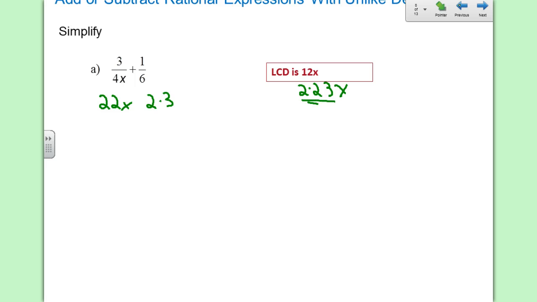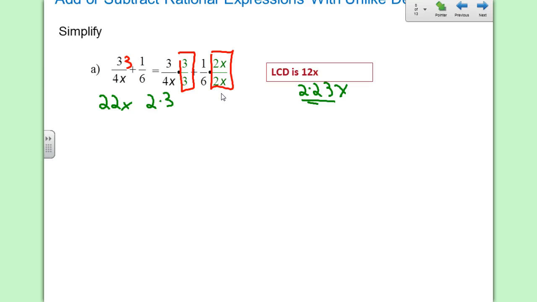Now what you need to do is make each of those into a fraction with 12x on the bottom. So what do I need to multiply top and bottom by for the first one? 3. The second one needs to be multiplied by 2x top and bottom. And I need you to write it like this. Okay? You need to multiply top and bottom. Taking shortcuts and doing something silly like saying I'll just multiply by 3 is illegal.